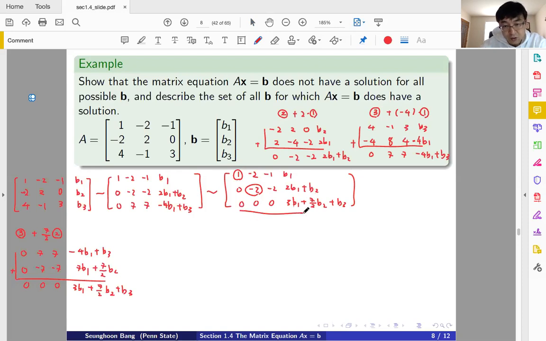What about the third row? You have to change it to the linear equation form. The third row is 0 times x1 plus 0 times x2 plus 0 times x3 equals 3b1 plus 7 over 2 b2 plus b3.